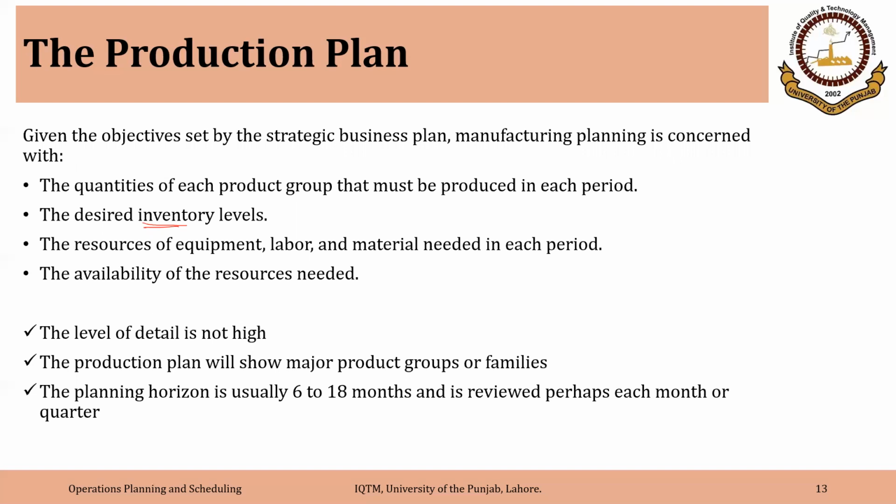The production plan will show major product groups or families, and the planning horizon is usually 6 to 18 months and is reviewed perhaps each month or quarter. And once again, I repeat that the process to develop this production plan and to review it on a monthly basis is called sales and operations planning.